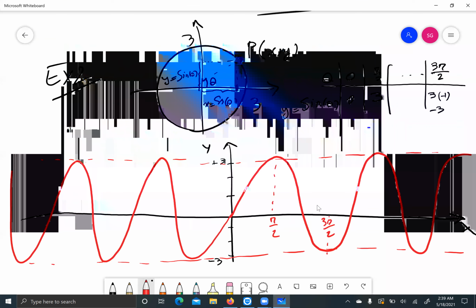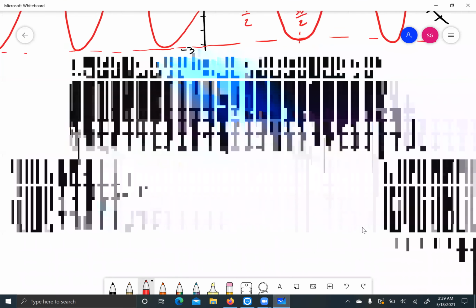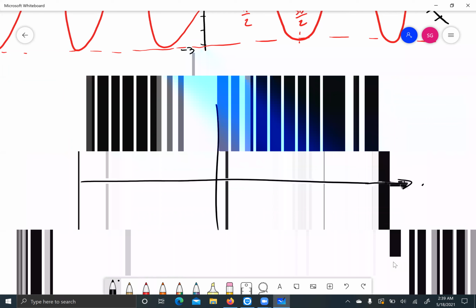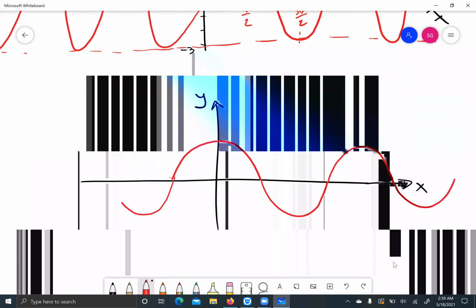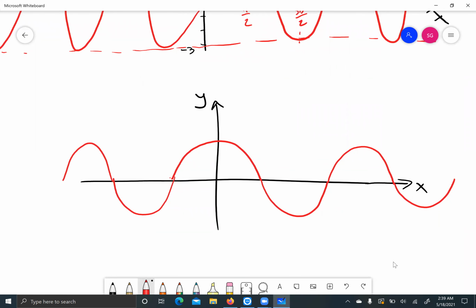I'm going to put it in a graph to give you an idea of the difference between amplitude and midline. Just look at the sine, for example, or the cosine, it doesn't matter. Cosine. So this is the graph of cosine. By the way, it goes forever, it never stops, because the domain is everything, right?